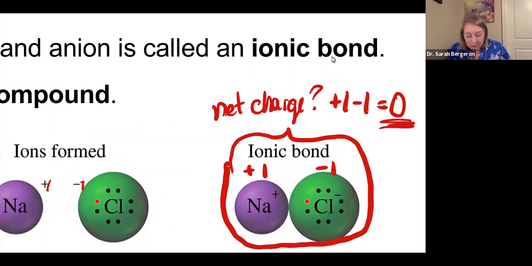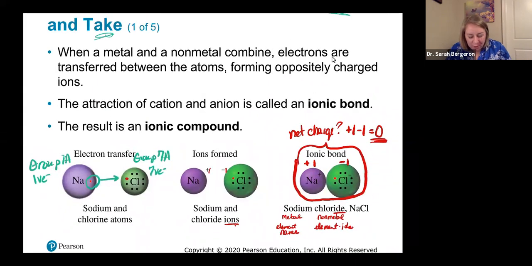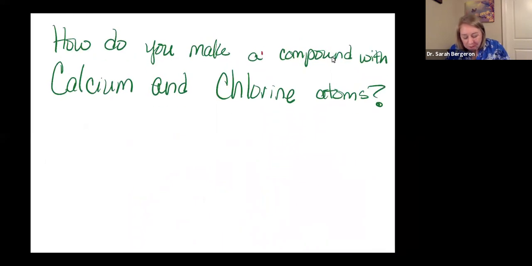Let's try a different one, because your book only kind of gave one there. Let's make an ionic compound with calcium and chlorine atoms. This one's not done for us yet. Let's take calcium. Calcium is Ca.